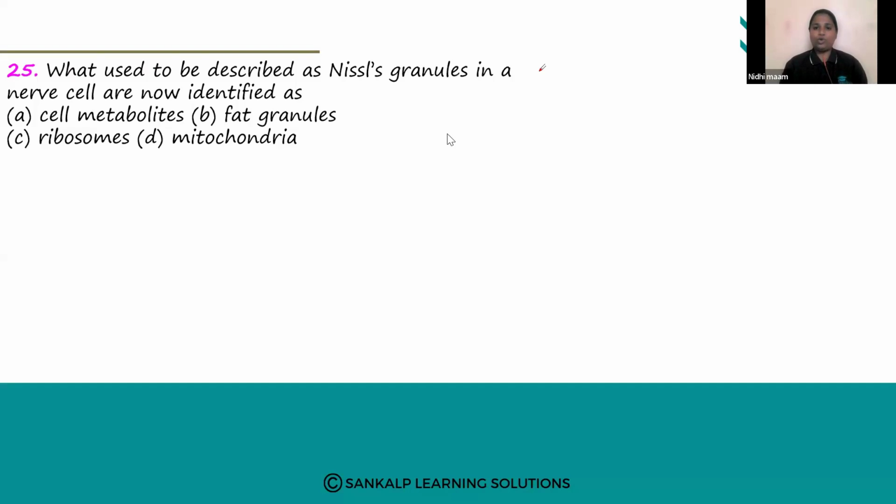So we got to know about Nissl's granules, right? They are nothing but the rough endoplasmic reticulum along with free ribosomes as well as polysomes that form the Nissl's granules, right?